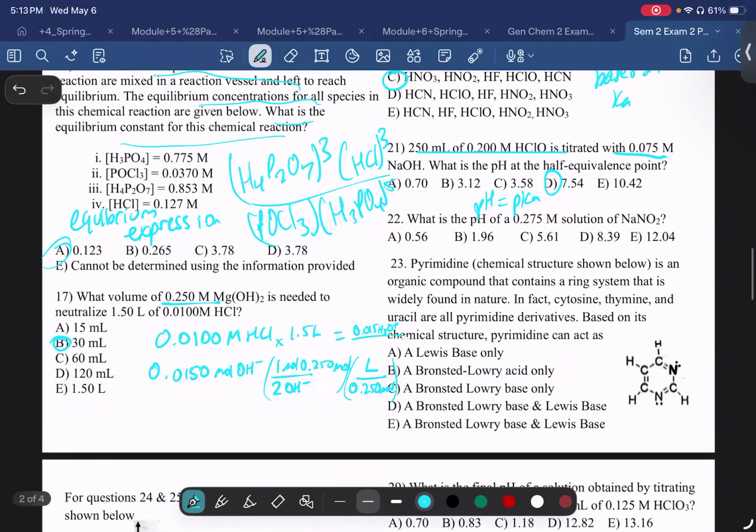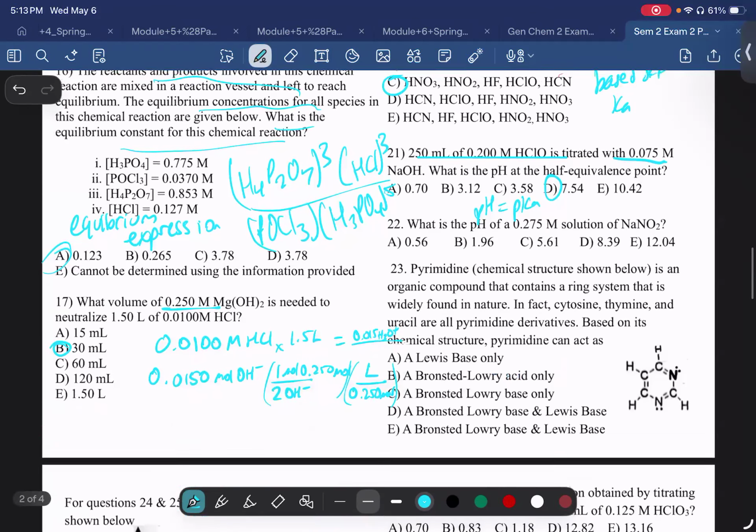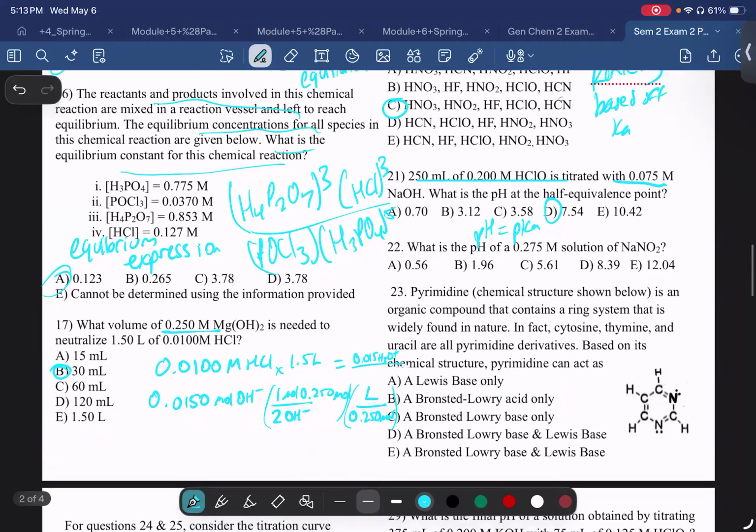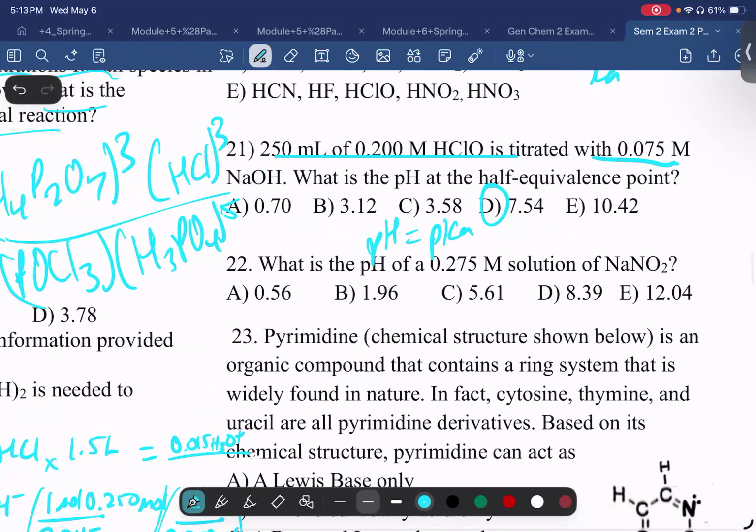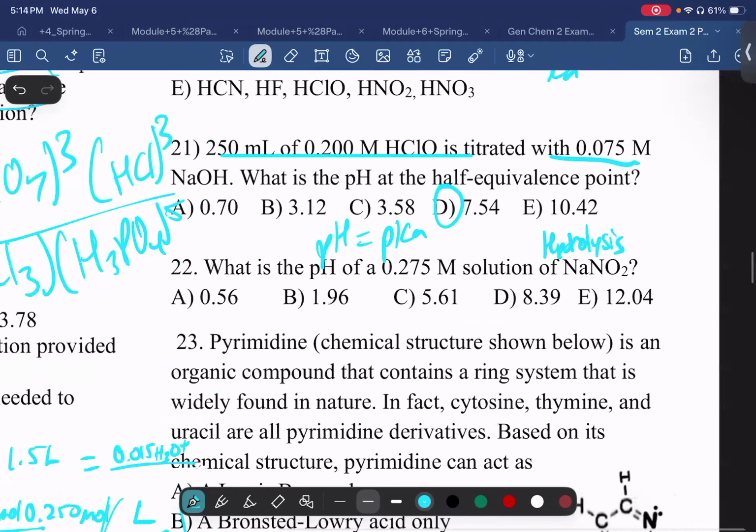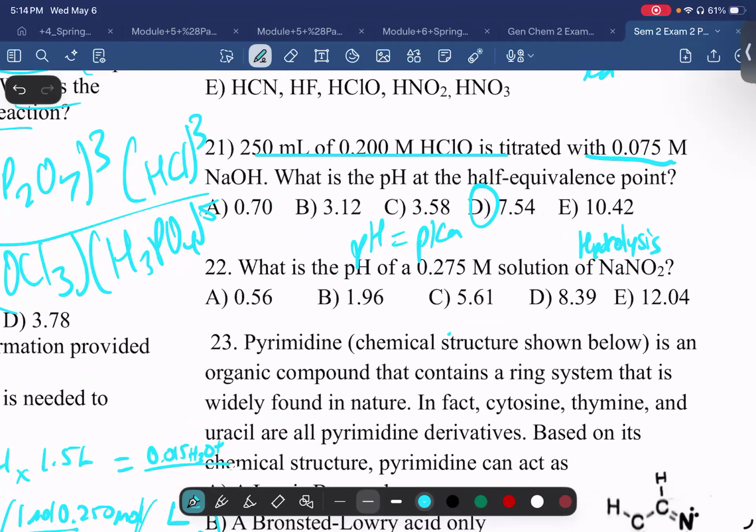What is the pH of 0.275 NaNO2? This is based off a hydrolysis of salts now. So hydrolysis of salts, it has a conjugate base of a weak acid. So you're going to be left over with NO2 minus plus H2O, right? Reacting and forming hydroxide plus HNO2, right?